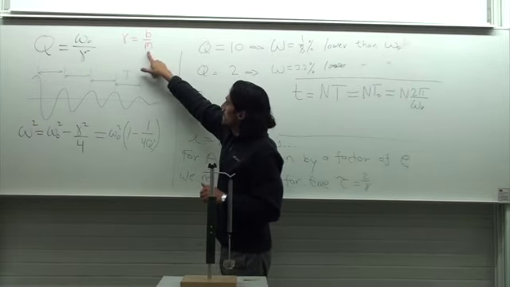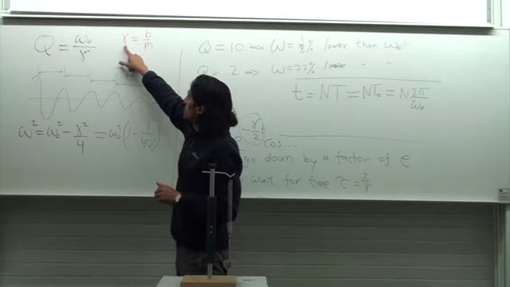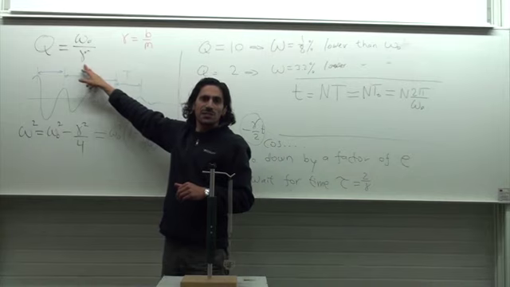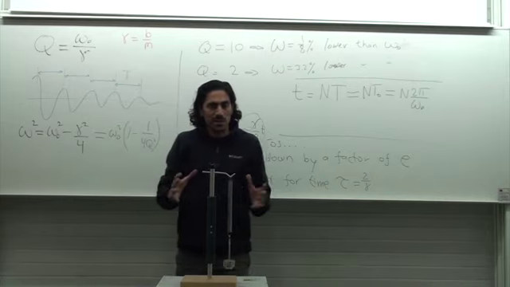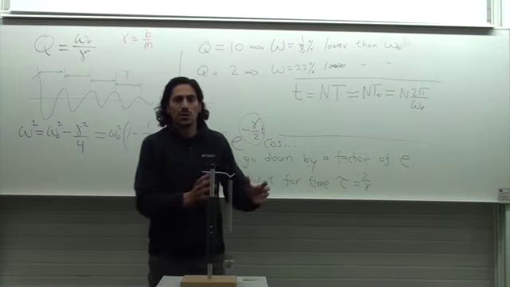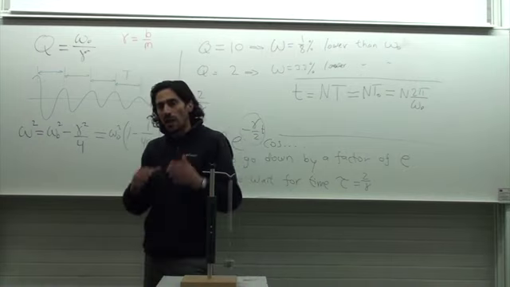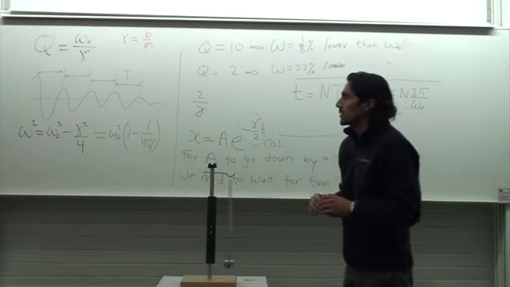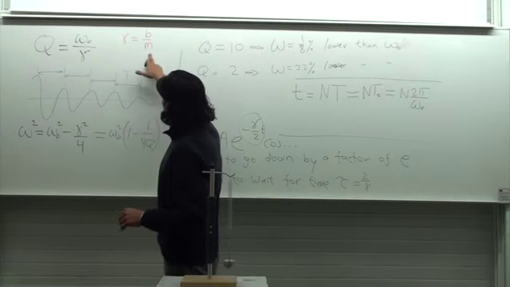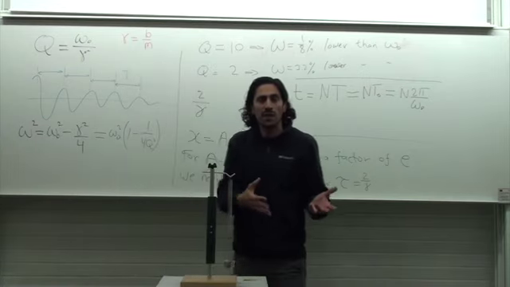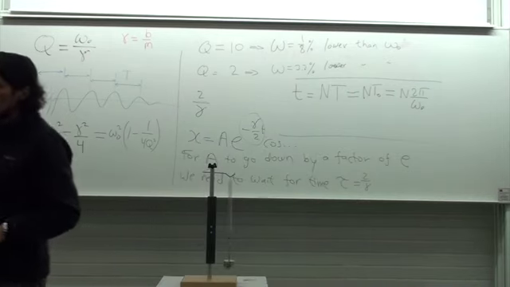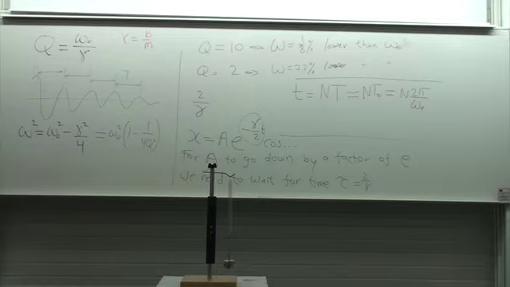The larger mass would have smaller gamma. If gamma is smaller, then the quality of the system is larger. So the larger the mass is, the more oscillations the system would make before the amplitude reaches a certain amount as it decays. But if m is smaller, it would decay much faster. And we're going to see this in a demonstration here.